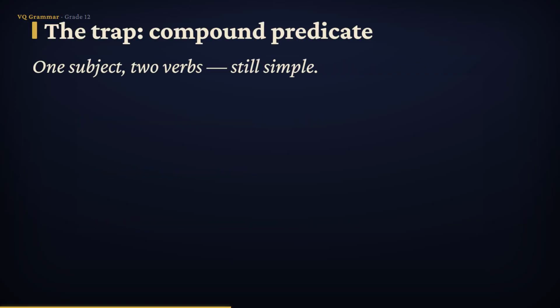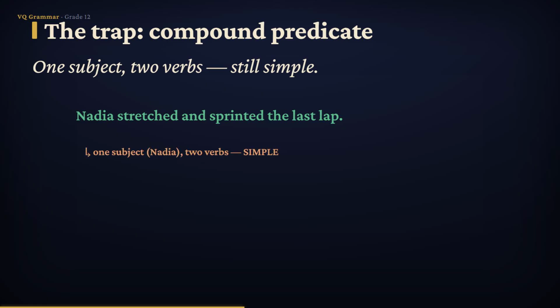Here's the trap that catches almost everyone. Look at "Nadia stretched and sprinted the last lap." There's an "and" in there, so it feels compound, but it isn't. There's only one subject, Nadia, doing two things. That's a compound predicate inside one simple sentence. Now compare. "Nadia stretched and Diego sprinted."